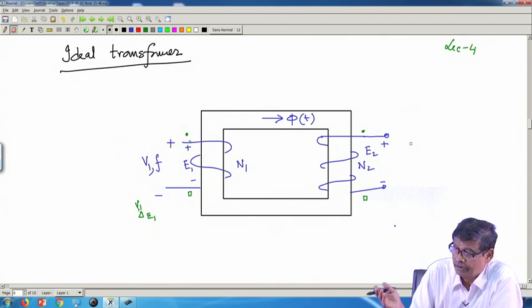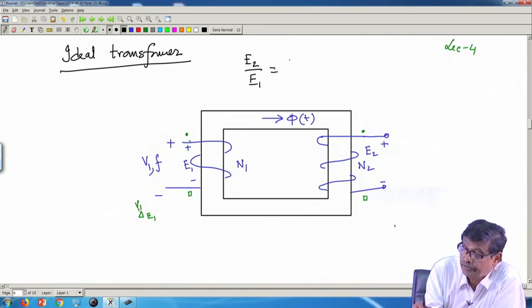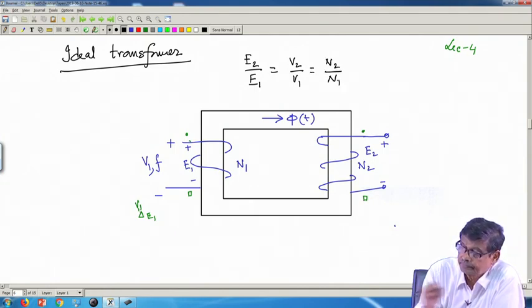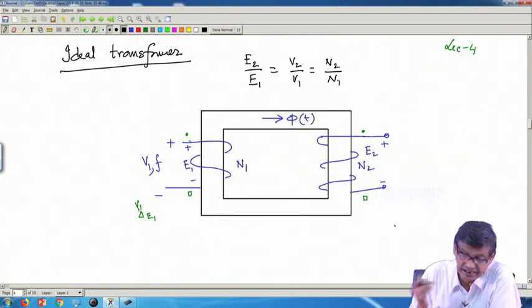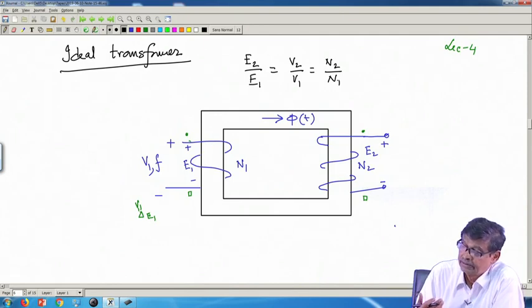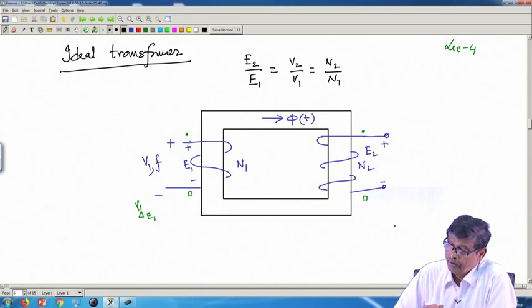Similarly, V 2 and E 2 will be same, and also we noted that E 2 by E 1, RMS value of the induced voltage, is V 2 by V 1 is equal to N 2 by N 1. This is the essential thing of a transformer. Therefore, you can change the level of voltage simply by manipulating the number of turns ratio. Okay.